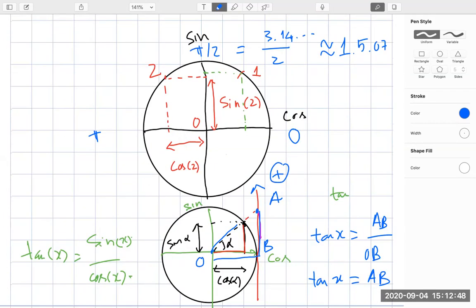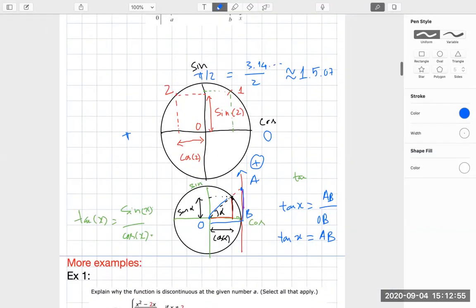And here is a summary of the tangent and cotangent. We see that tangent, as I explained in class already, is this axis.